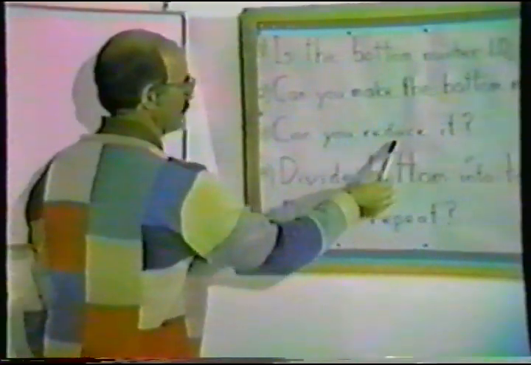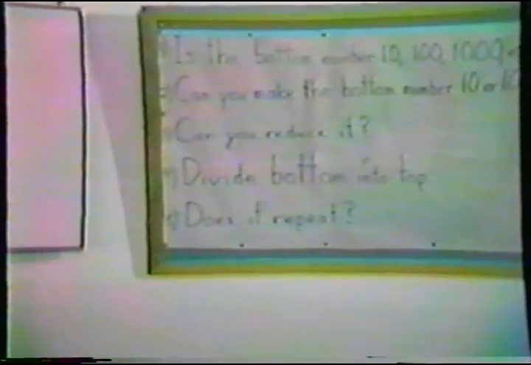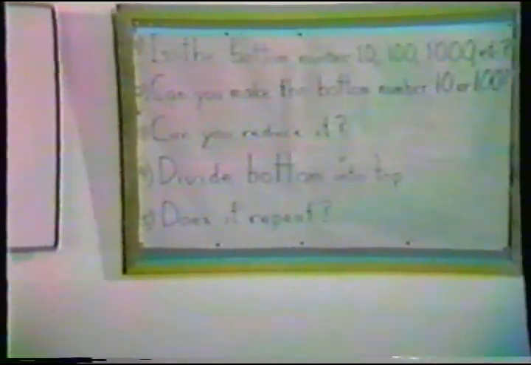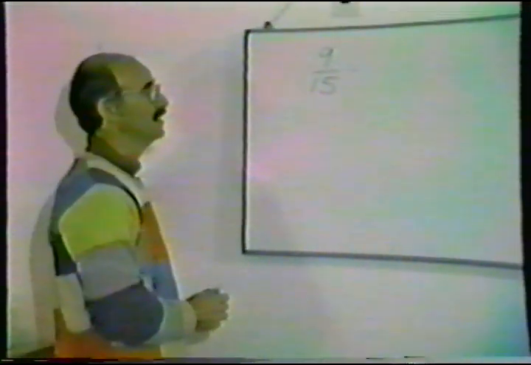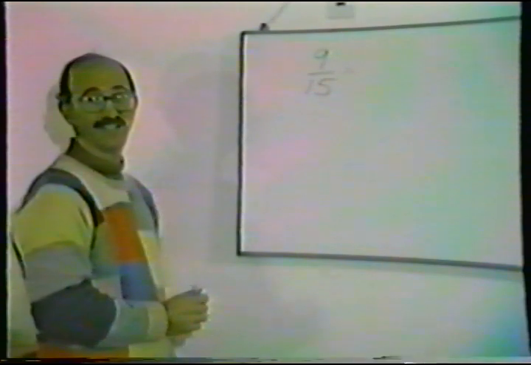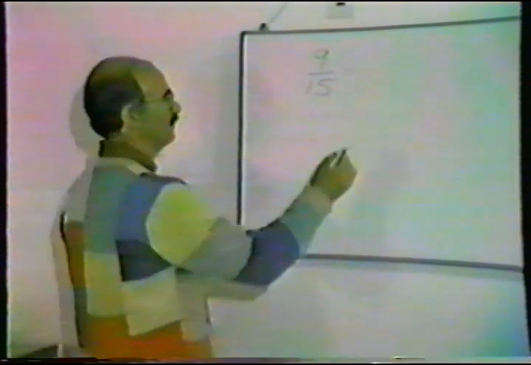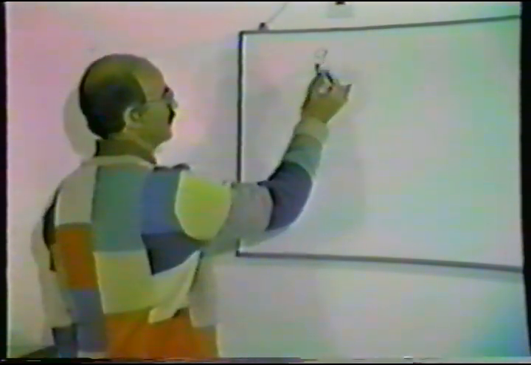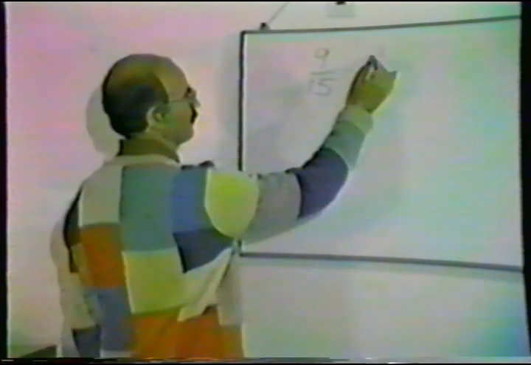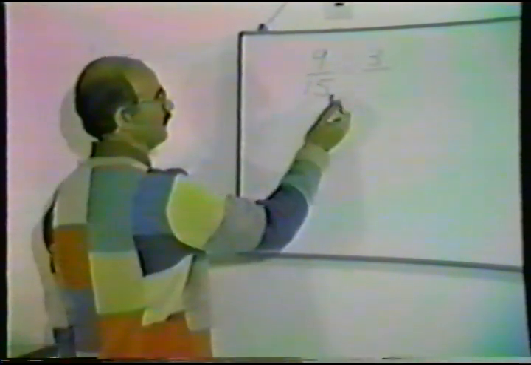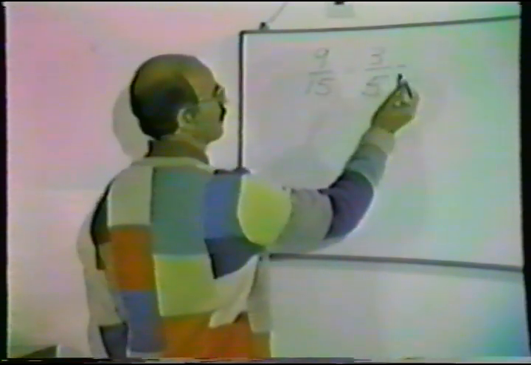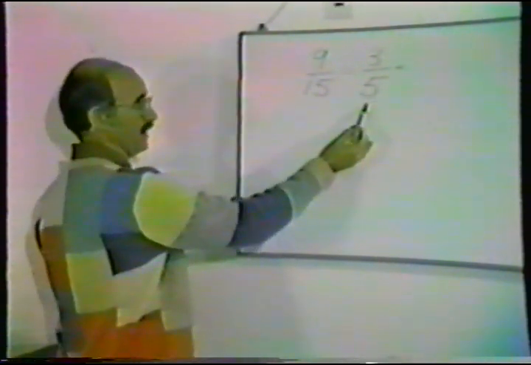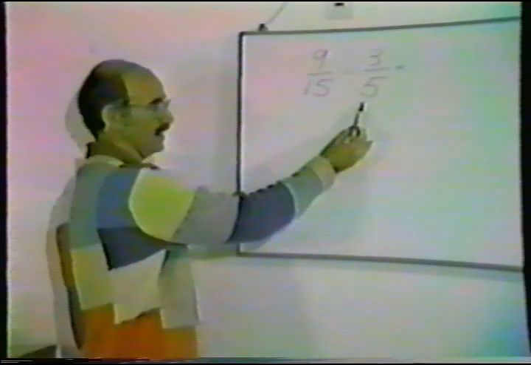Can you reduce it? Can we reduce it? Yes. What number will go evenly into both 9 and 15? 3. 3 into 9 is? 3. 3 into 15 is? 5.